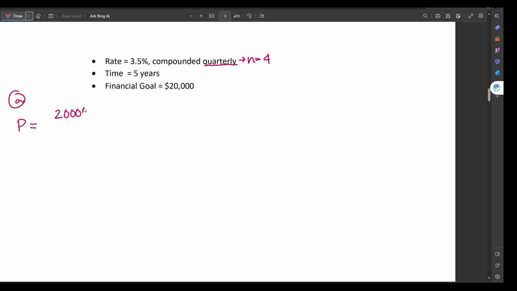So we have 20,000 times R over N. So 3.5% is 0.035 divided by N, which is 4. And then this is divided by 1 plus 0.035 divided by 4, to the 4 times 5 for 5 years, and then all minus 1.